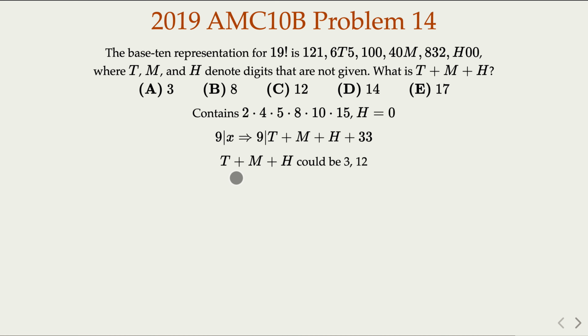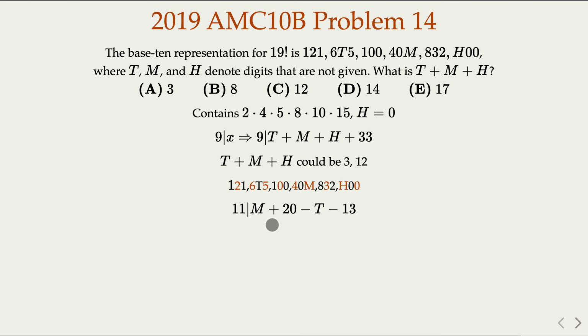Now we're going to use the fact that 19 factorial contains 11. In other words, it is also a multiple of 11. How do we do the 11s? You do the alternating digits, using 1 and negative 1. The alternating difference is going to be a multiple of 11.